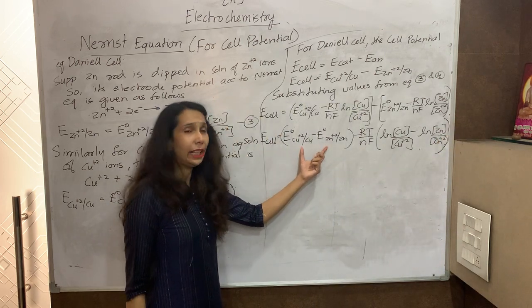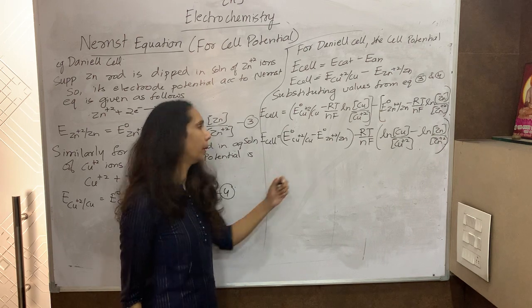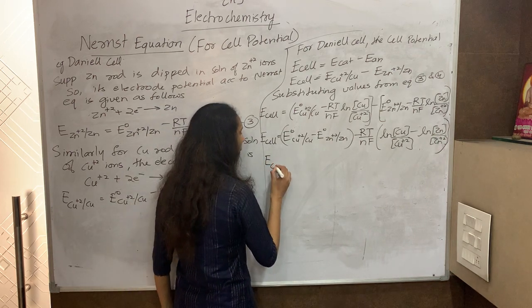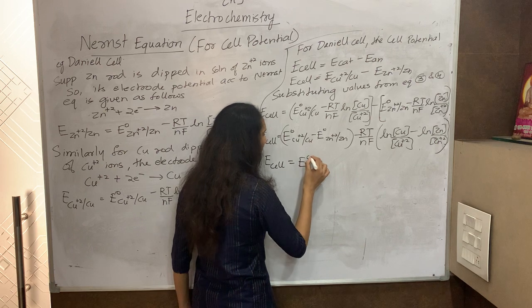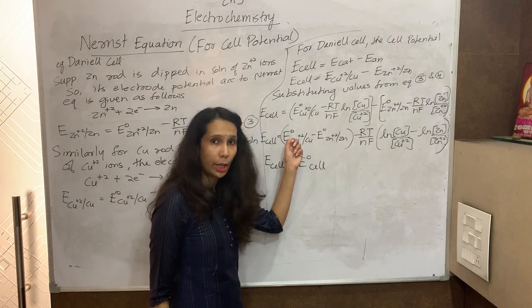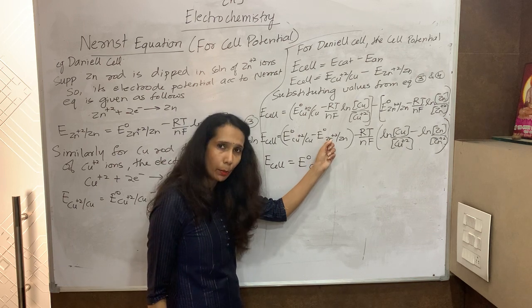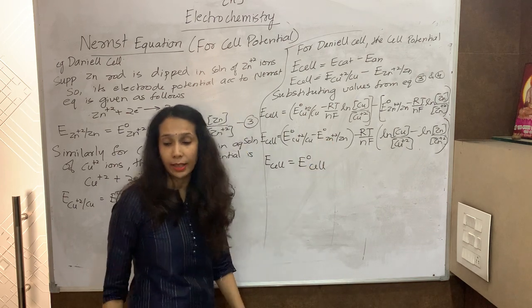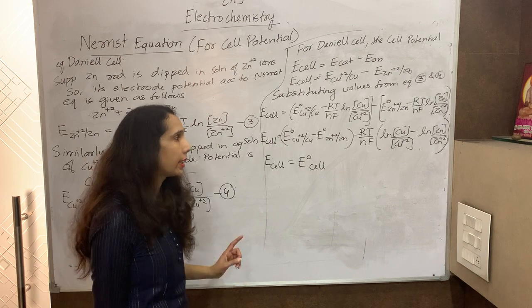Now we know that E naught cathode minus E naught anode will be equal to E naught cell, because these are the standard electrode potential of cathode minus standard electrode potential of anode. That will give us the standard cell potential, E naught cell.